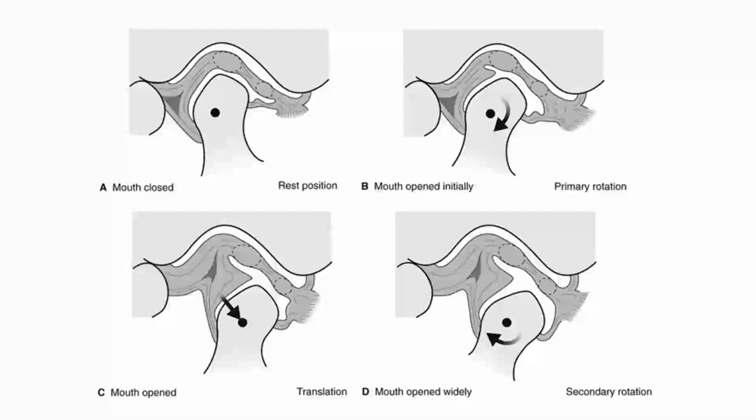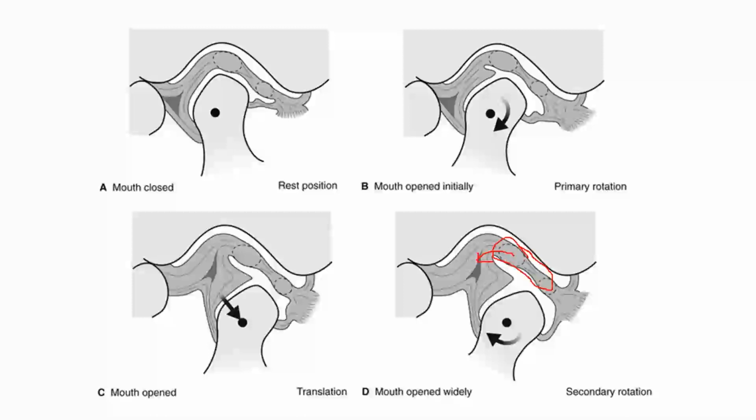Sometimes, and you'll see this when you look at TMJ dysfunction more, particularly as you enter clinical practice, this articular disc can fail to slip back into the joint as you're closing.